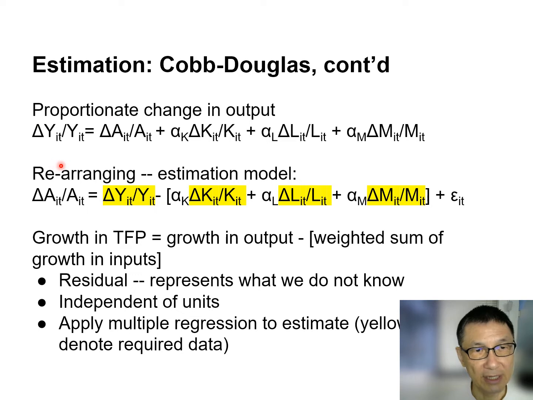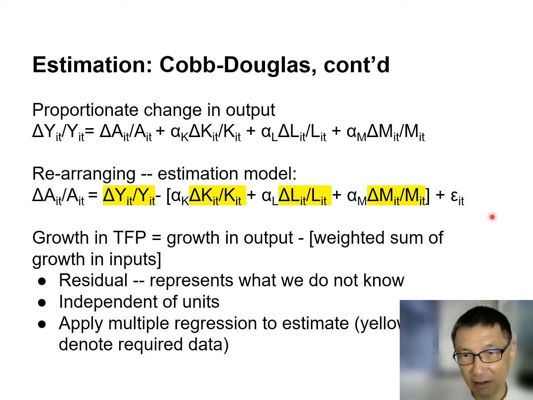And rearranging a little bit, we will have that the proportionate change in total vector productivity is the proportionate change in output minus the weighted sum of the proportionate changes in inputs, each weighted by the respective input share.